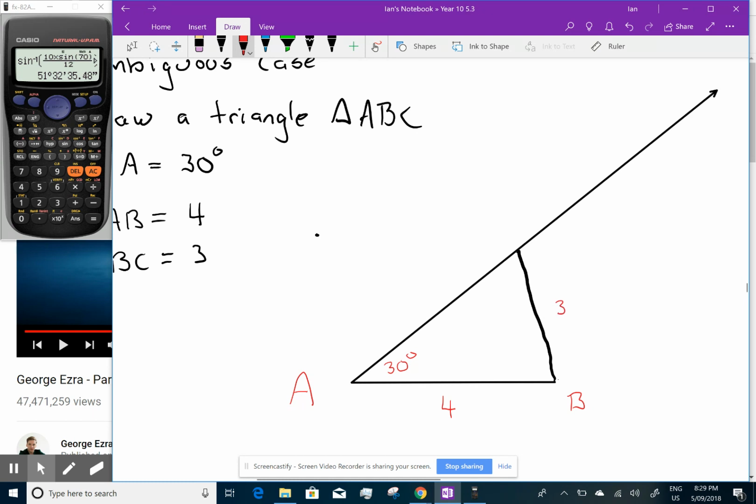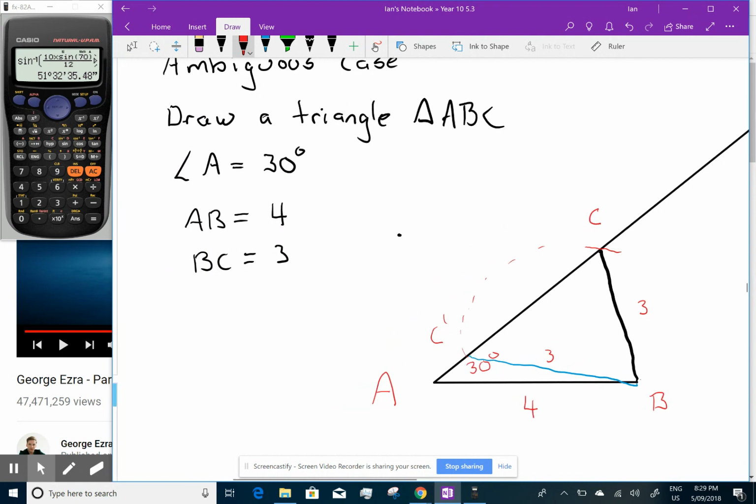Now imagine I'm doing this with a compass and what I'd get is an arc. But if I continued with that arc, I'd hit it there as well. There's another line that's 3 centimetres. There are 2 possible values of C. There's C there and there's C there. There are 2 cases.